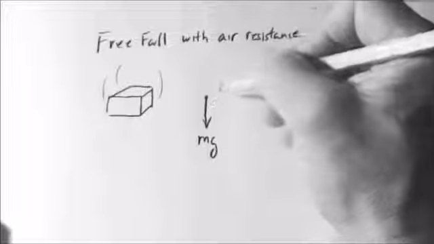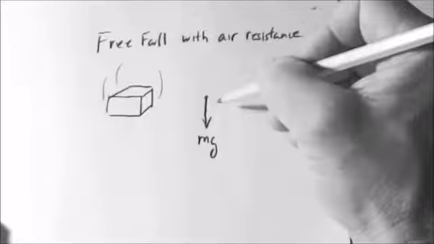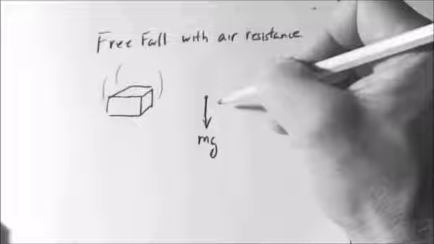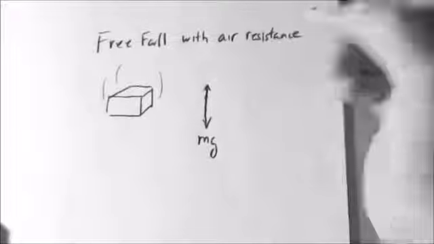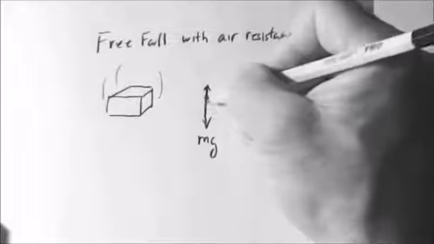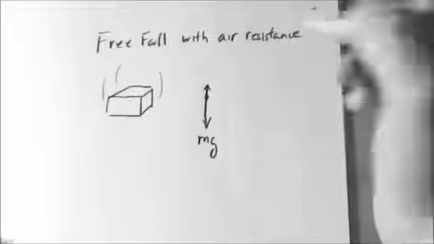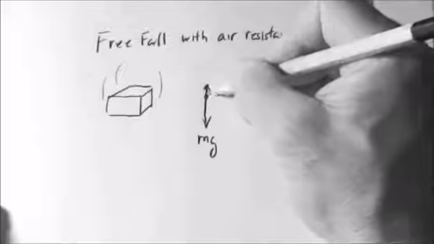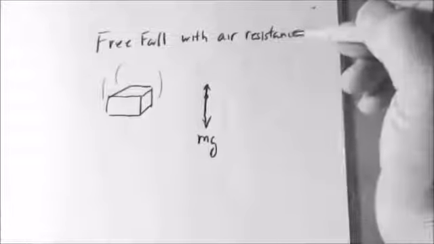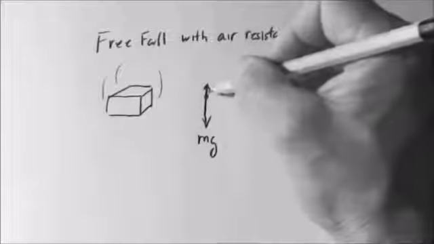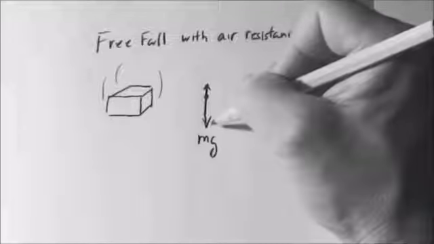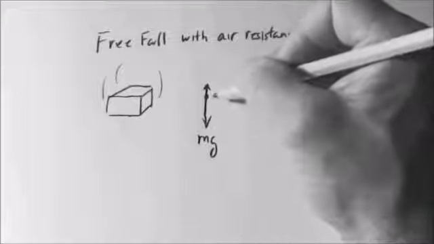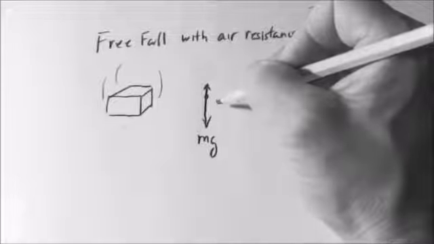Which direction do you think the air resistance is going to go? It's going to go this way. Right? It's not going to be as big as gravity at this point. I'm representing it as a smaller vector than the force vector that's pulling it down. So we do have a net force.